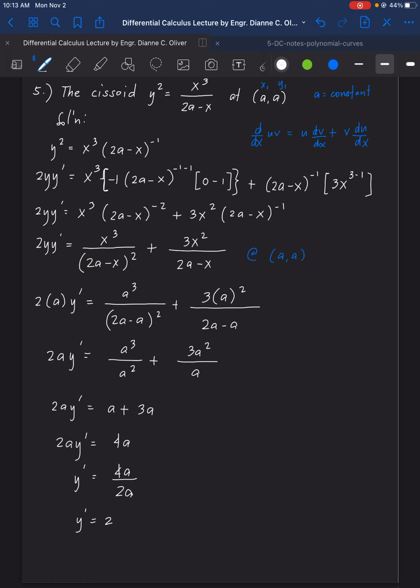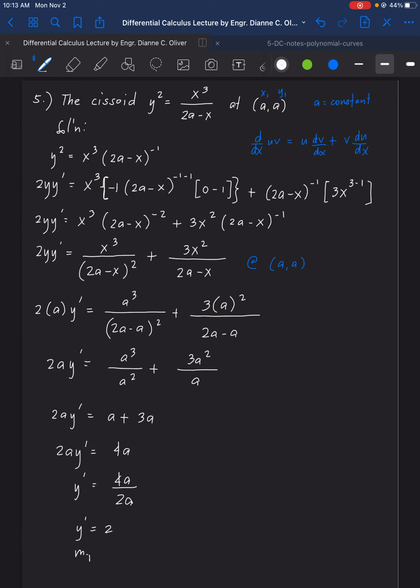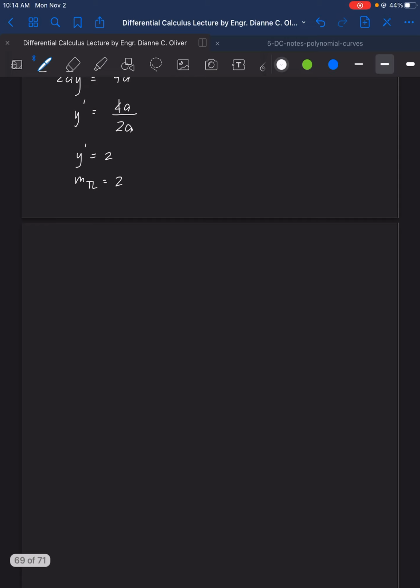So if y prime is equal to 2, therefore m of the tangent line is equal to 2. Having the value of the slope of the tangent line, we can now proceed to the point-slope form. y minus y1 equals m times x minus x1. y minus a equals 2 times x minus a. y minus a equals 2x minus 2a.